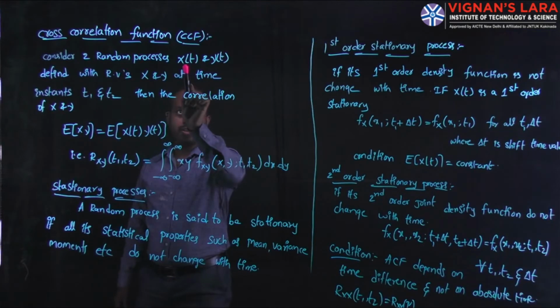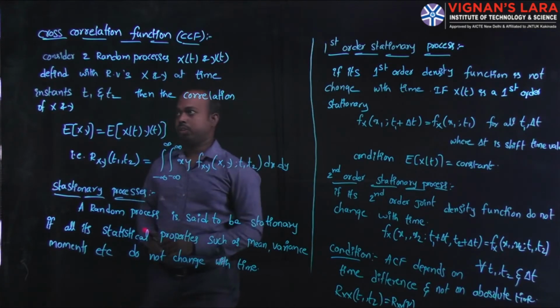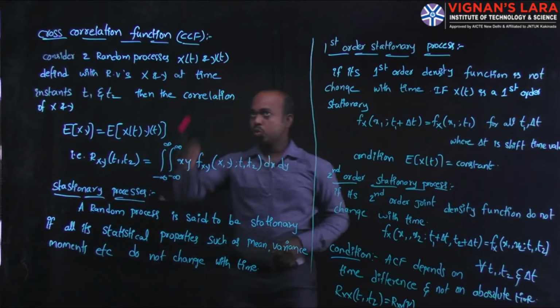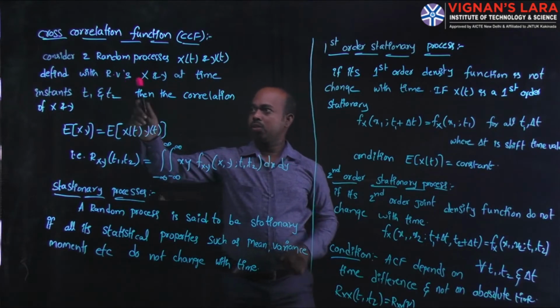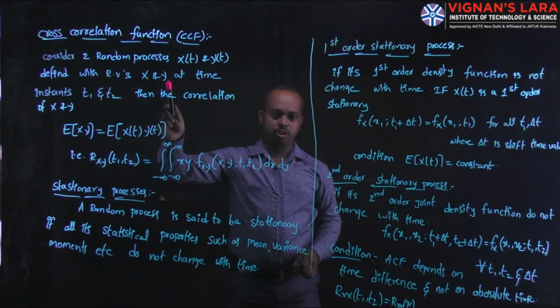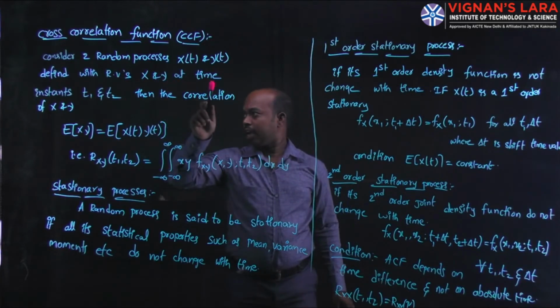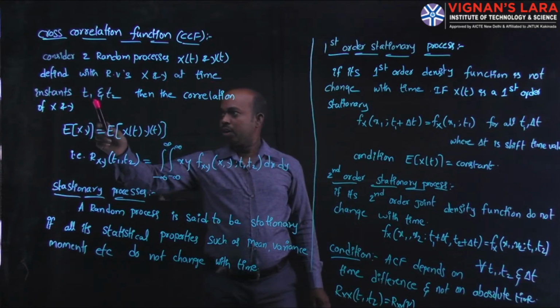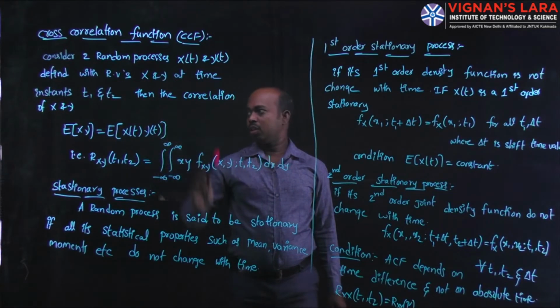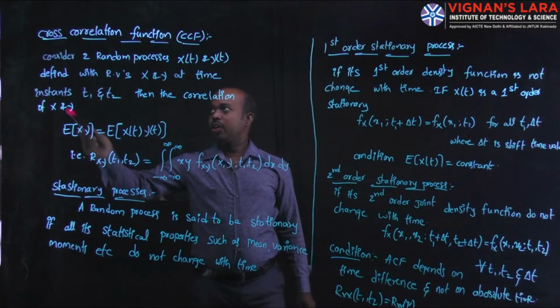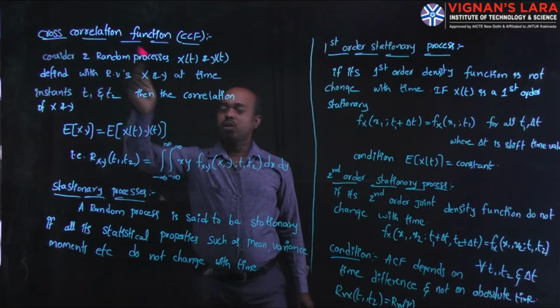Those are x of t and y of t. These two are defined with random variables x and y at time instances t1 and t2. Then the correlation of x and y is called the cross correlation function.